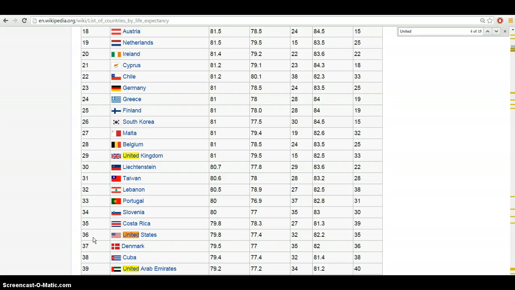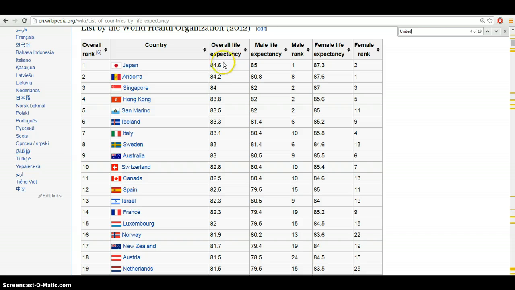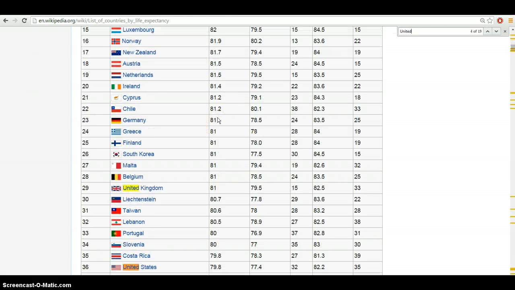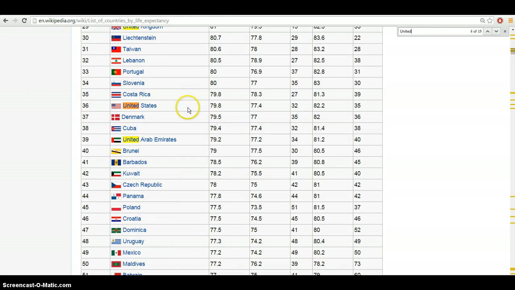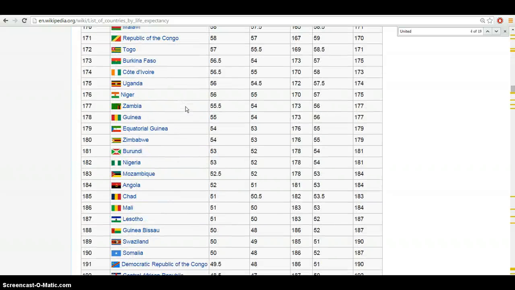So it isn't too bad. 36, so we're a little bit below 80 here, which I'm guessing this is the female and this is the male. But it is about 5 years less than the average Japanese life, and I would assume that's in part because of diet differences. So let's spin all the way down here to the bottom.